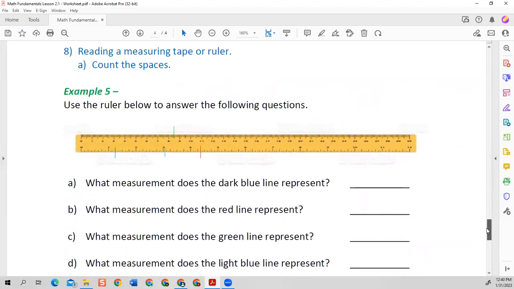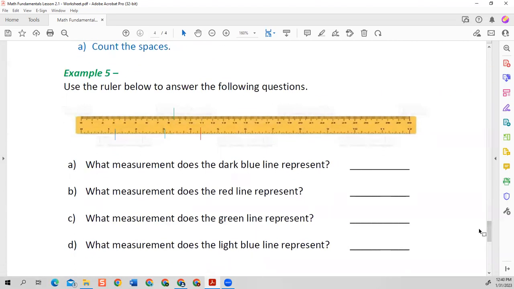Reading and measurement. I know this is just a little blurry and I apologize for that. So A says the dark blue. So we are looking at this right here. And it shows to be just a little over an inch.